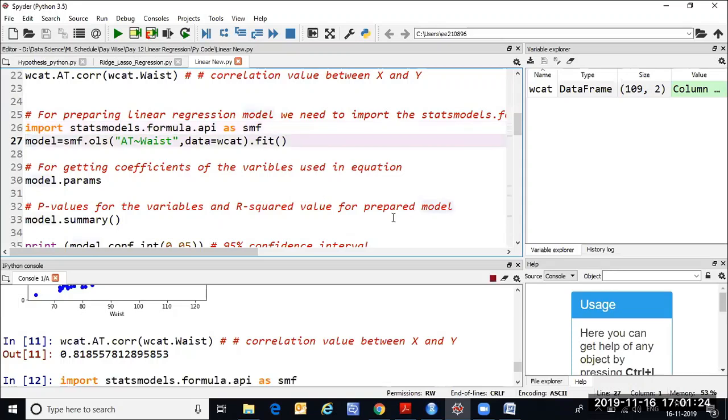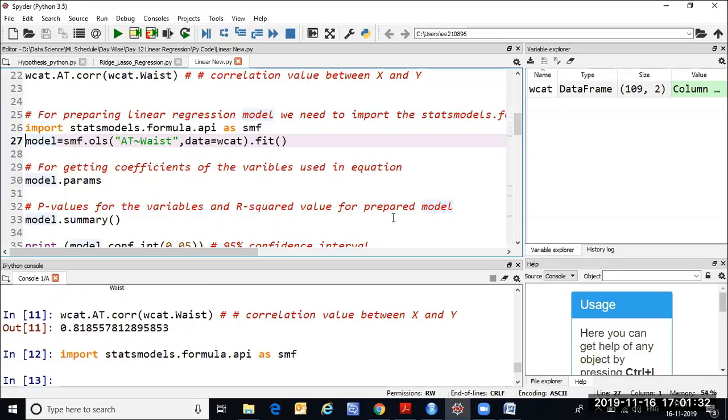So to build the model, the syntax is model equal to smf.ols of y tilde x dot fit.